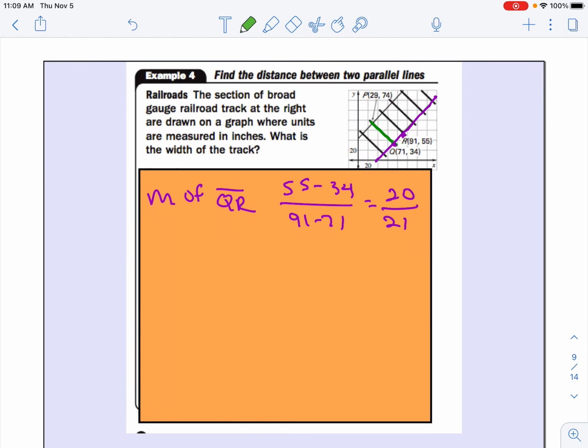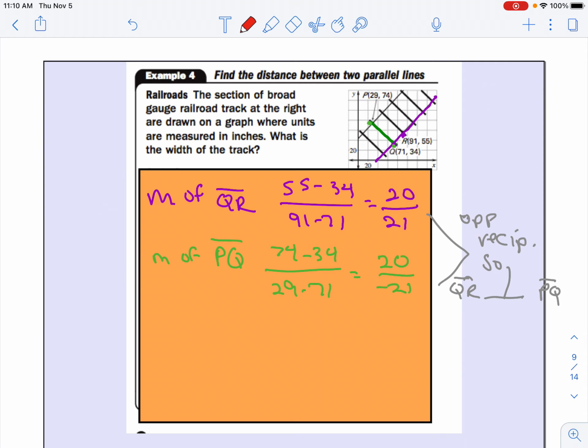So these are opposite reciprocals. So we have verified that QR is perpendicular to PQ. We need that information in order to find the distance between the two points, because the distance between the two lines always has to be that perpendicular segment.